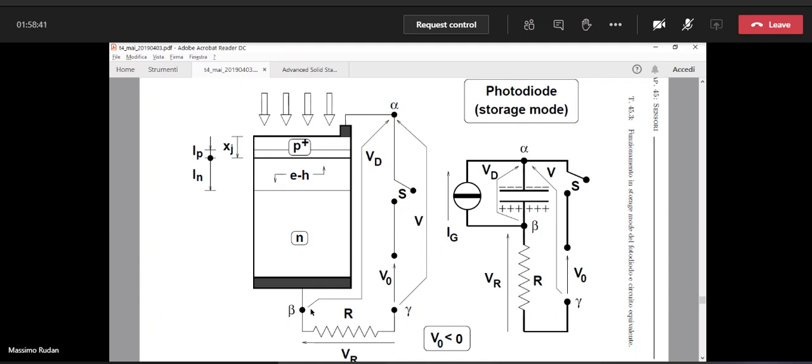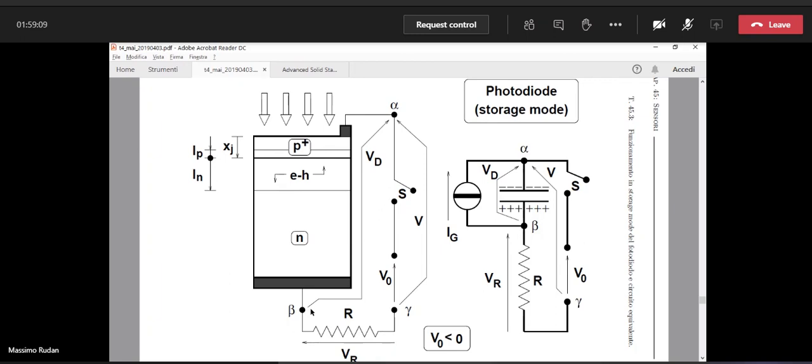For how long should we keep the switch closed? The time during which we must keep the switch closed is the time that is necessary to restore the initial conditions in the photodiode.